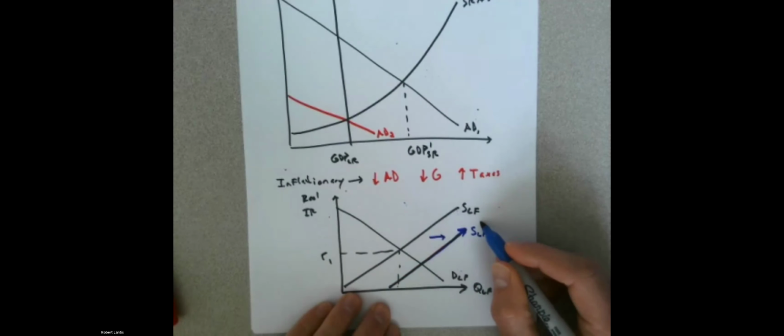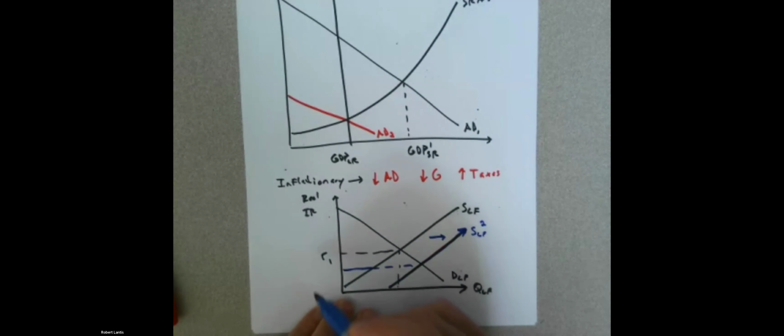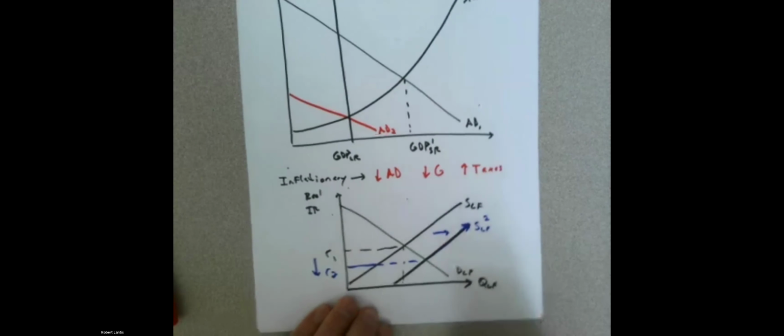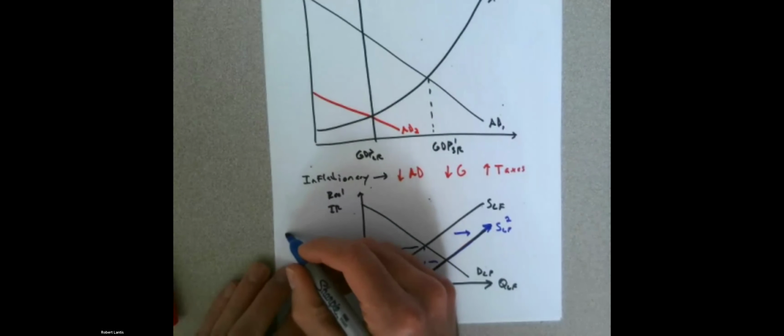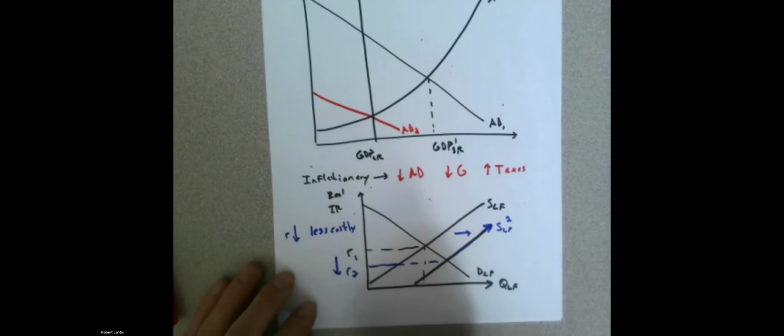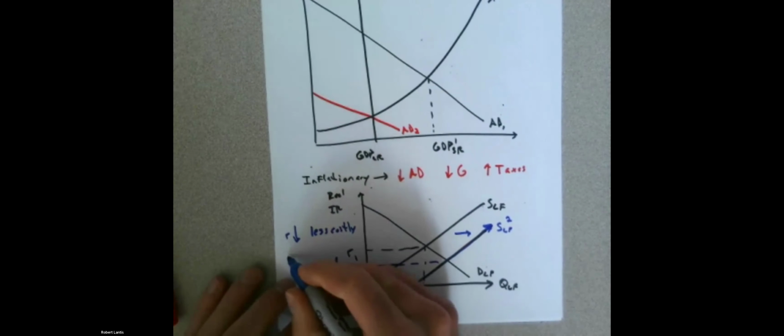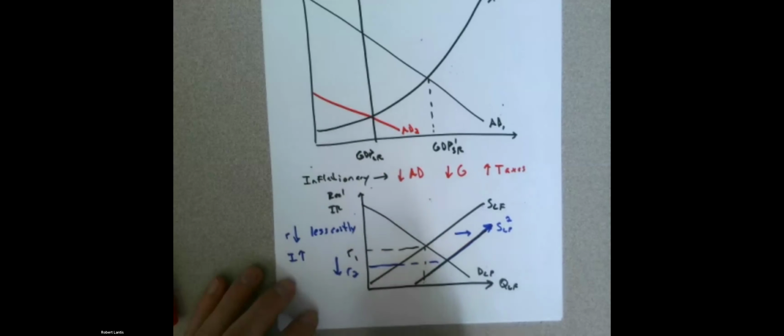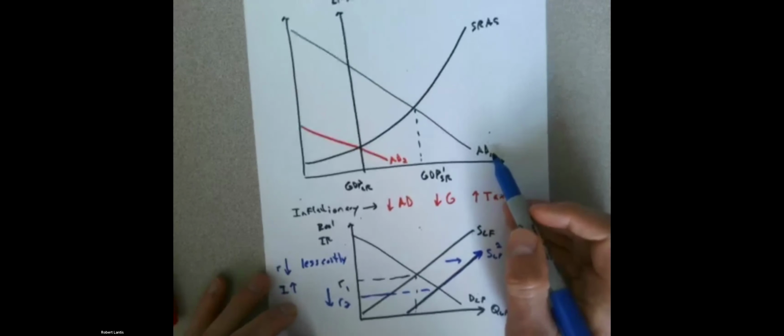That would increase the supply of loanable funds, which does what? Lower equilibrium interest rates. If interest rates are lower, it's less costly to borrow. So if it's less costly to borrow, we would see that investment in physical capital goes up. Well, once again, that's one of the components of aggregate demand.